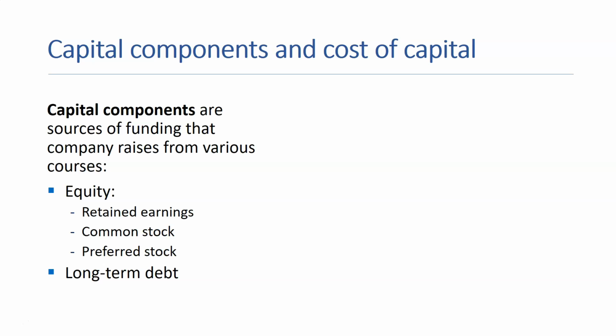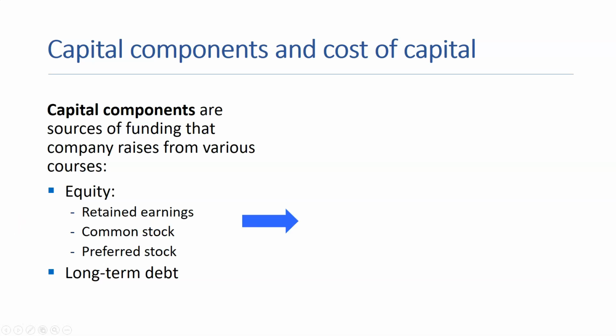Next, let's have a look how we can calculate the cost of capital for a company. As we know, companies use a combination of debt and equity to finance business expansion. Capital can come from a variety of sources. It's common stock, preferred stock, retained earnings, long-term debt like loans, bonds, debentures, and so on.